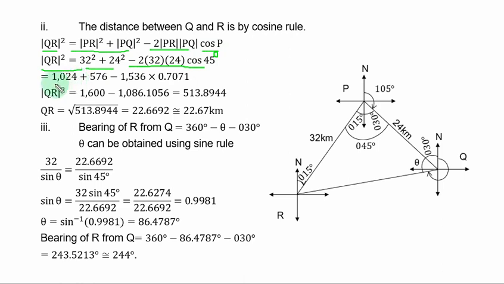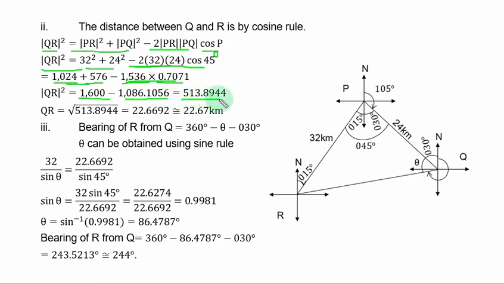So if you evaluate, you have 1024 for 32 squared plus 576 for 24 squared minus, if you multiply these three numbers, you have this result. You check cos 45 degrees, you have 0.701. If you add these two numbers, you have this. You multiply these two numbers, you have this result. If you subtract, you get this.